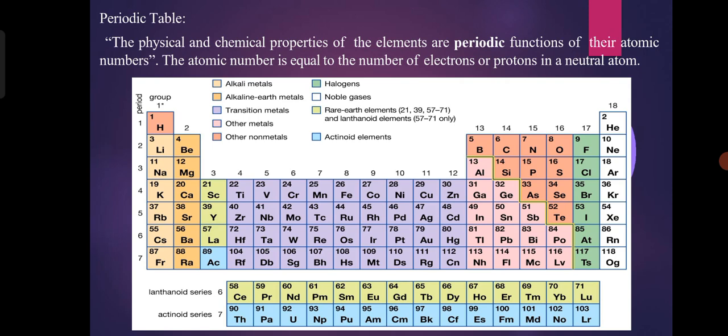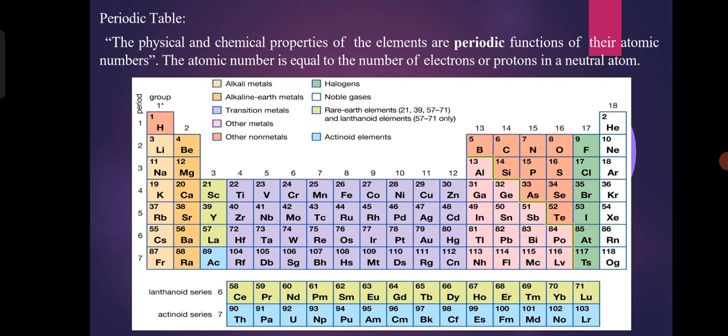Do you know how many elements there are in the periodic table? Who will tell me the total number of elements in the periodic table? From school level we have been studying the periodic table. There are a total of 118 elements, and these 118 elements are periodic functions of their atomic numbers.